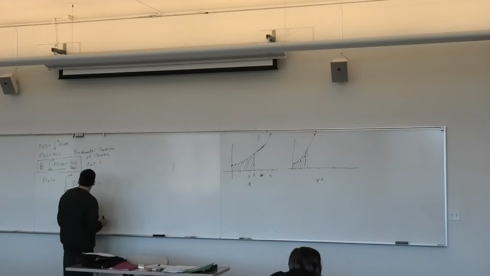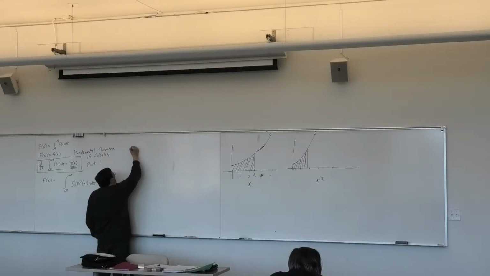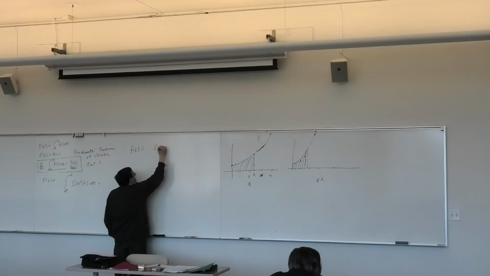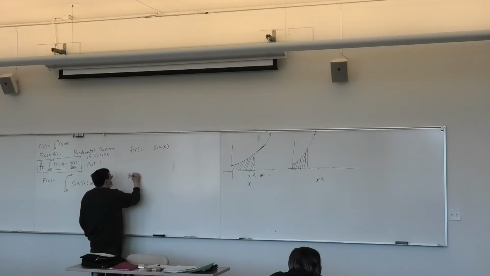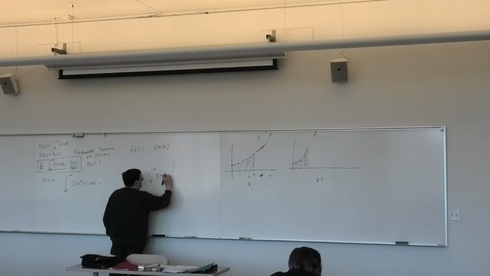So let me write two different things that look almost the same, right? I'll say f of x equals sine of x, and g of x is the integral from 0 to x of sine of t dt.